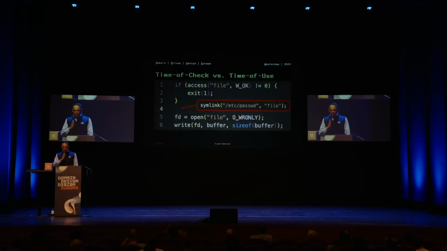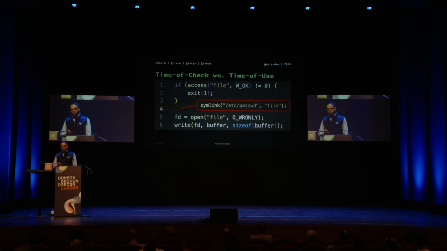For this talk, what is important is the isolation guarantee, or better said, the missing isolation guarantee, because you never have the guarantee that between the time when you check something on the file system, in this example, and the time you use something, nothing has changed in between, because you explicitly do not have the guarantee that your piece of code is the only piece of code running in the system.